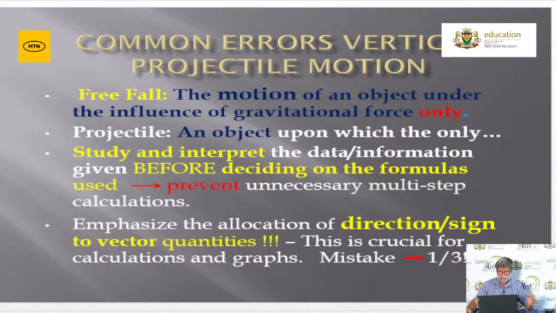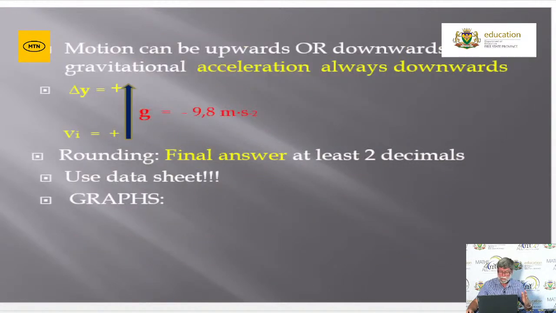Looking at an example, if you are throwing a stone upwards, remember that gravitational acceleration stays 9,8 downwards. It doesn't matter if the projectile is moving upwards or downwards, or it is at its turning point. Gravitational acceleration is always downwards with a value of 9.8. So say for instance we throw a ball upwards, then you will see vi is positive, and delta y, the displacement, is also upwards positive.